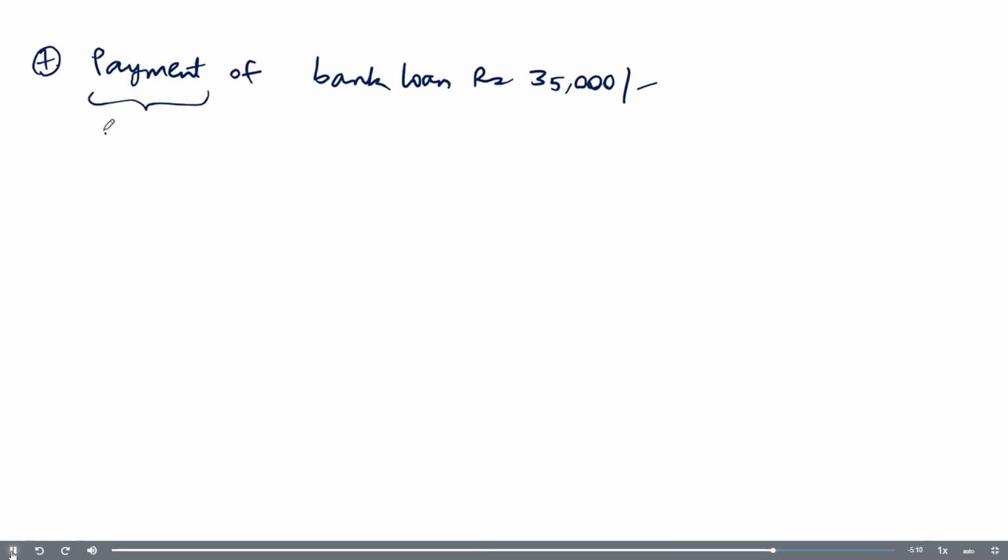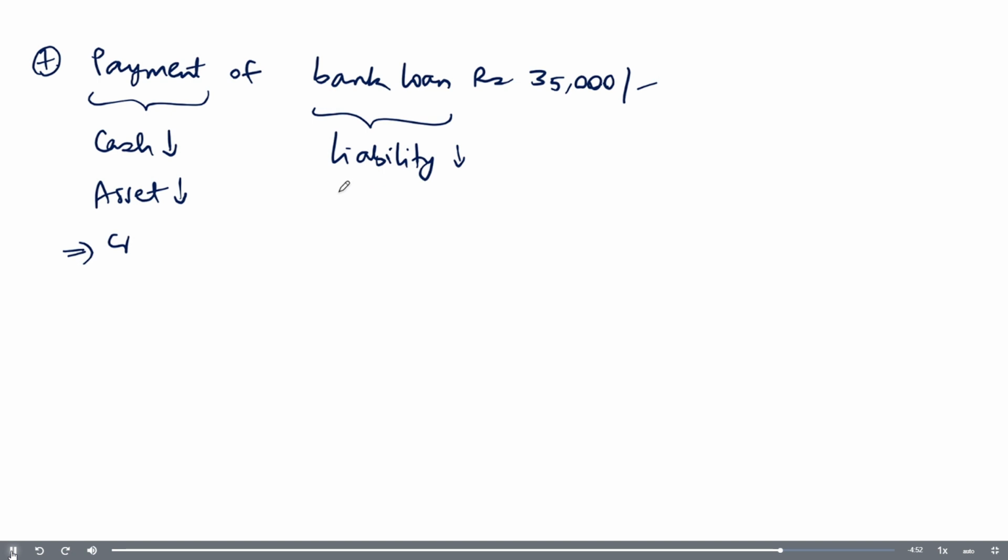Payment means cash comes down, asset comes down, credit the asset. And when you settle the bank loan, to the extent you settle it, your liability comes down. So you don't have to repay this 35,000 anymore. You have repaid 35,000. So you have to debit the liability. Liability comes down, you will debit the liability.